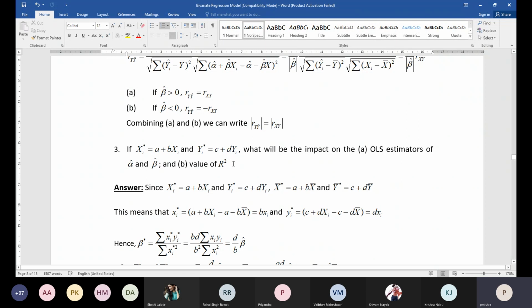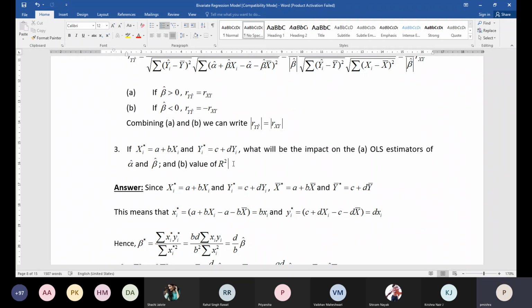I now add two more components: variance of beta hat and variance of alpha hat. How will these two variances change following the changes in origin and scale? You try to have these derivations at your end, and we will have further discussion on this in the class on Monday.